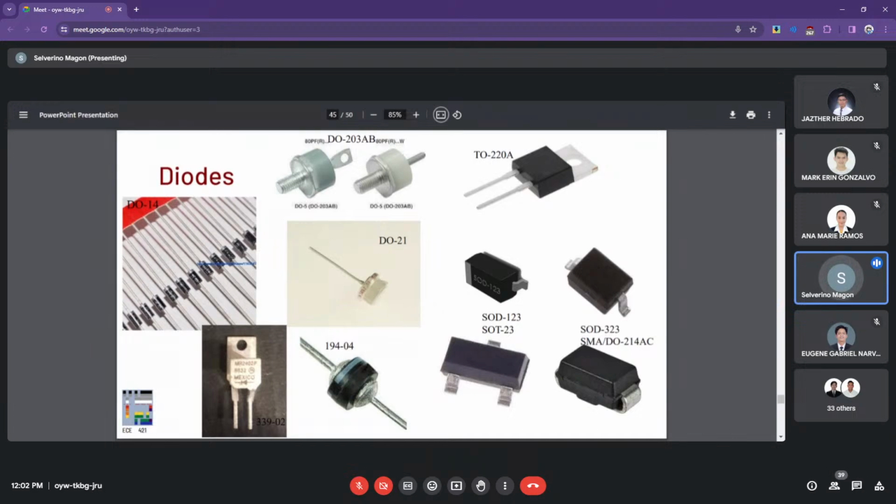So these guys are based in Japan, no? But the packaging standards and nomenclatures proposed by JEDEC have been widely adopted by electronics industries globally.